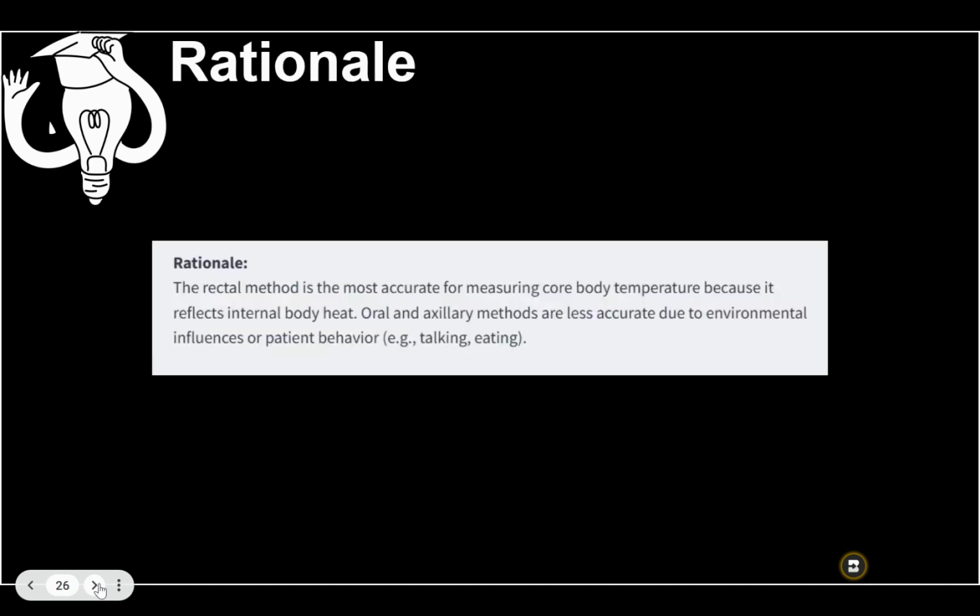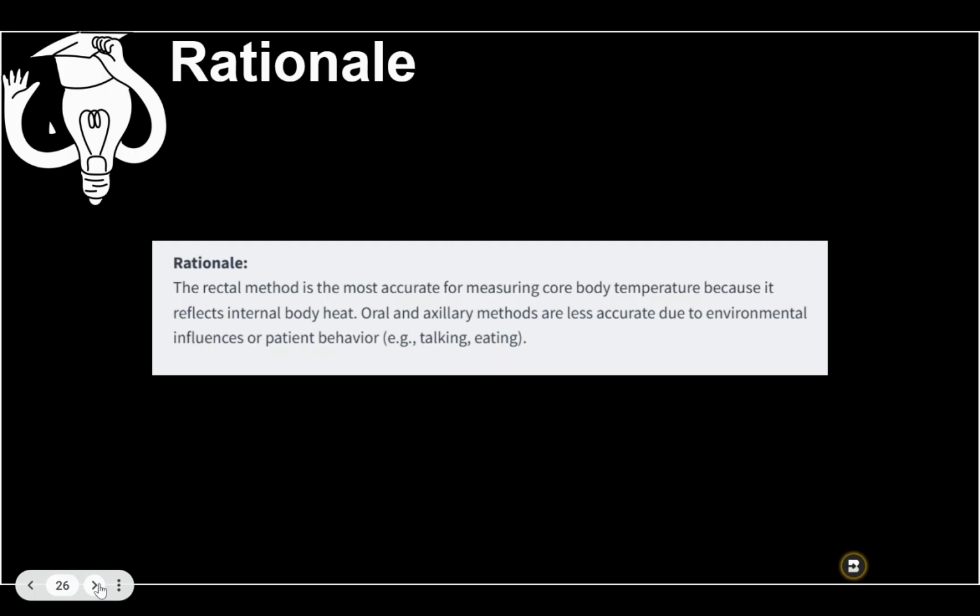The rectal method is the most accurate for measuring core body temperature because it reflects internal body heat. Oral and axillary methods are less accurate due to environmental influences or even patient behavior, like if they're talking or if they're eating. So we know that the rectal method is the most accurate.